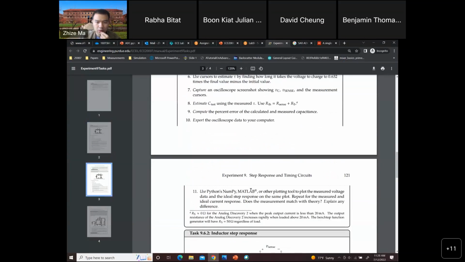All right. The last two steps are step 10 and step 11, which are to export the data from the oscilloscope, and you can plot it in MATLAB or even in Excel. Let me show you how to do this really quick.